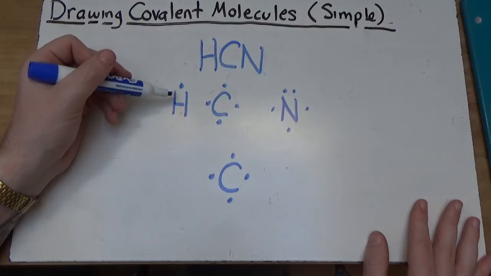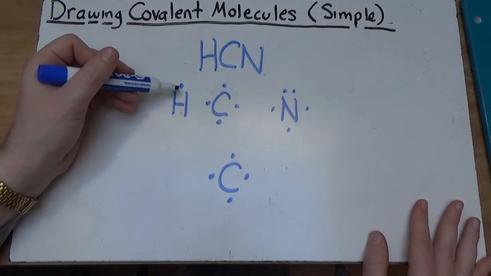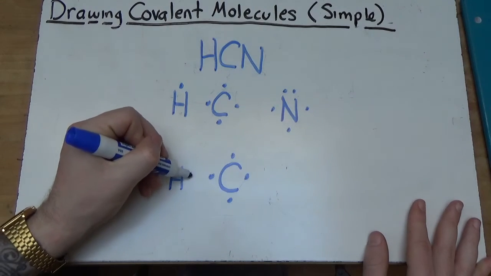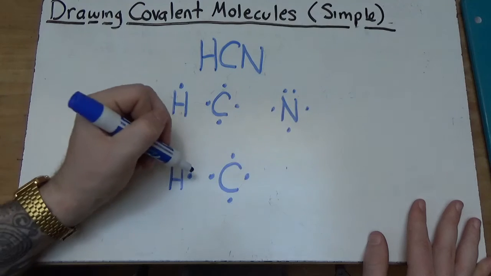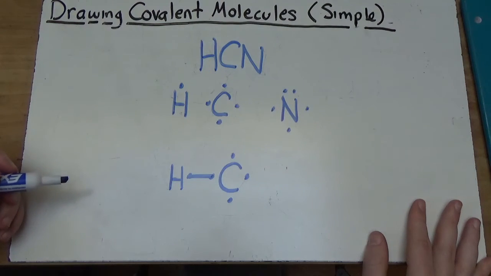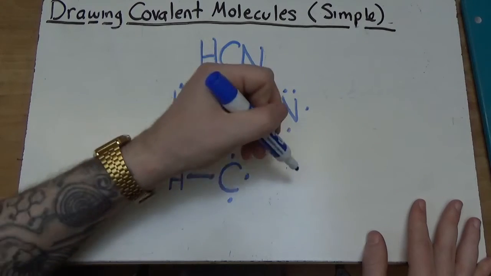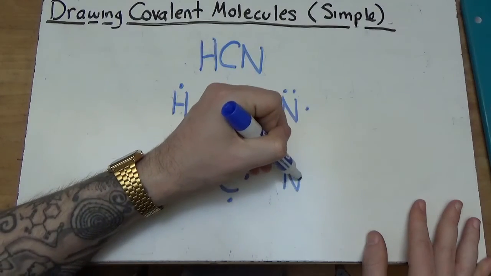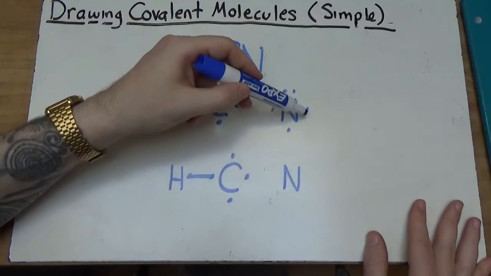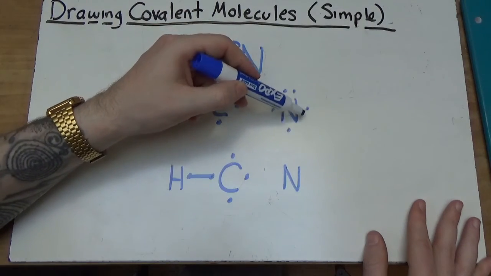Like we said before, it's easy to conceptualize when we have only one dot to deal with. All right, so we're just going to draw H facing C, and we're going to draw a line connecting it. Now on the other side, we have N, right? And we know that N has 3 electrons that are by themselves.